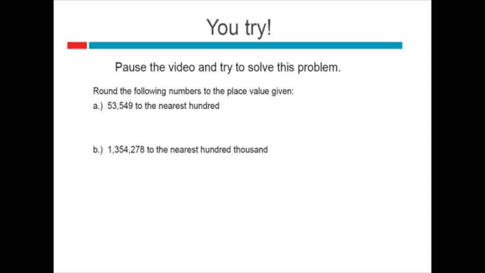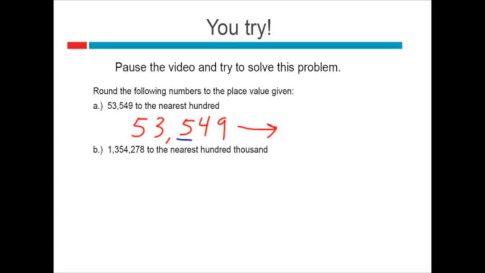Okay, so the first problem you had to try was round 53,549 to the nearest 100. So I'm going to write down the number. My round-off digit, for the nearest 100, would be the second 5 here. I'm going to look to the right of that and see a 4.